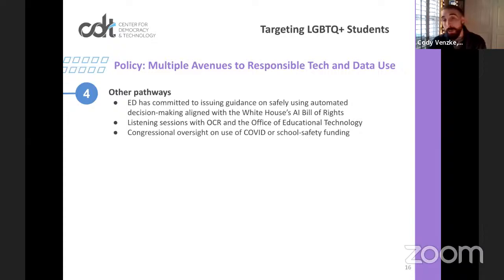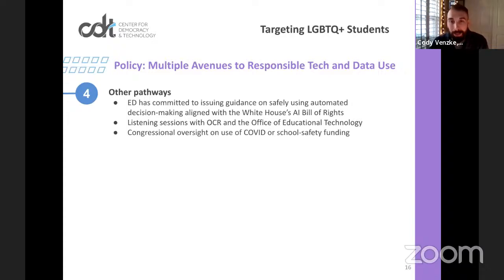One is that the U.S. Department of Education has committed, in light of the White House's AI Bill of Rights, to issue guidance on how to safely use automated decision-making and other artificial intelligence in a way that will protect and respect students' civil rights. We support the department's commitment to providing that guidance and hope it addresses student activity monitoring as well as other technologies that cause disparate impacts.